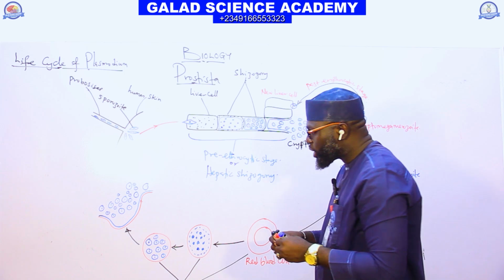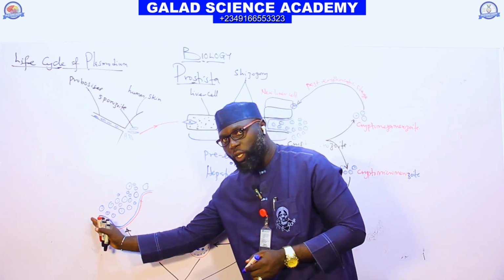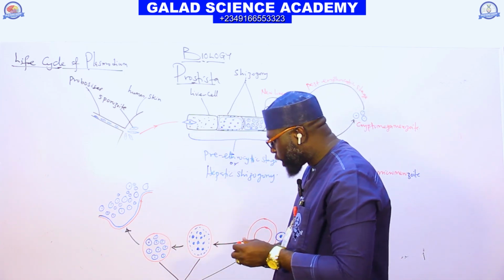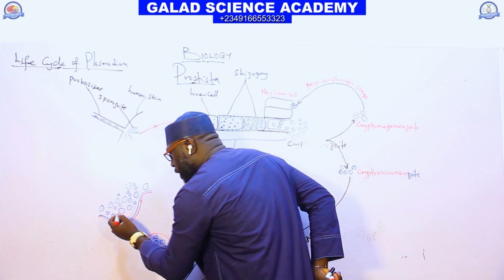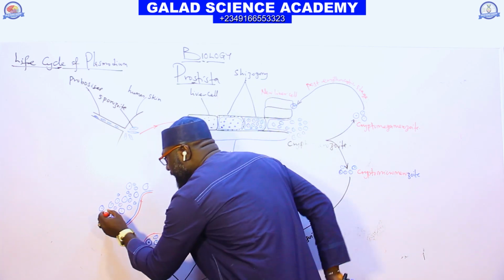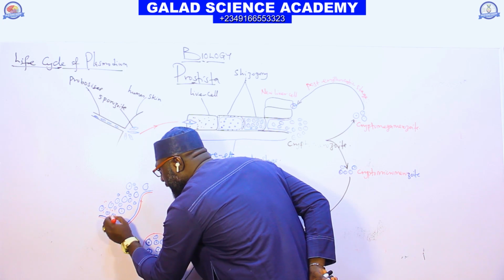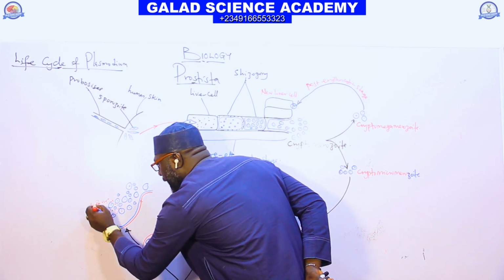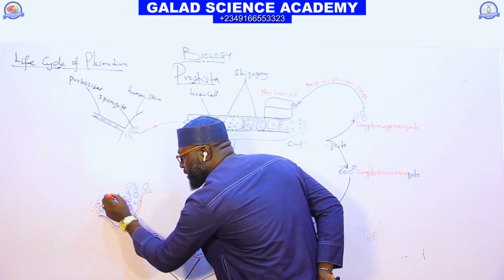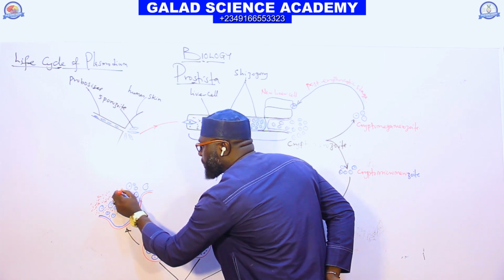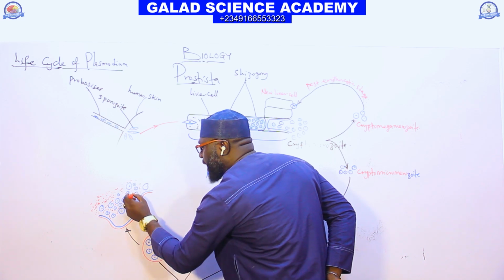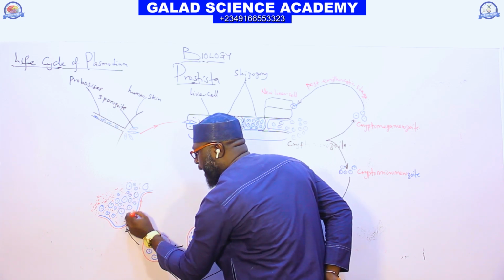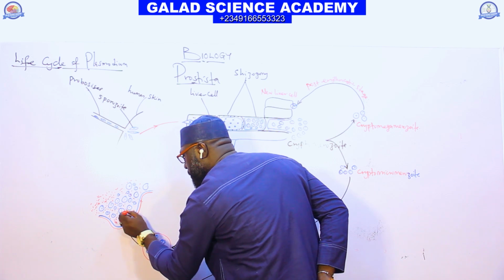The red blood cell bursts and produces merozoites, and it releases some chemical. Assuming I use red blood, this dot represents the chemical produced.